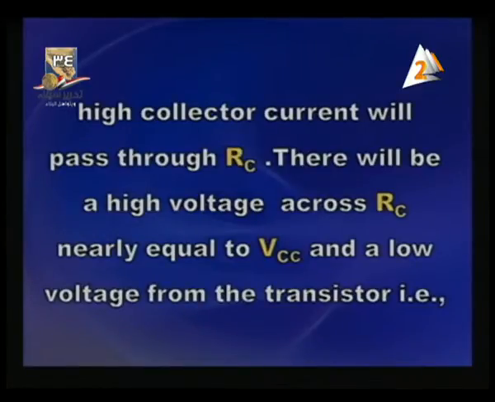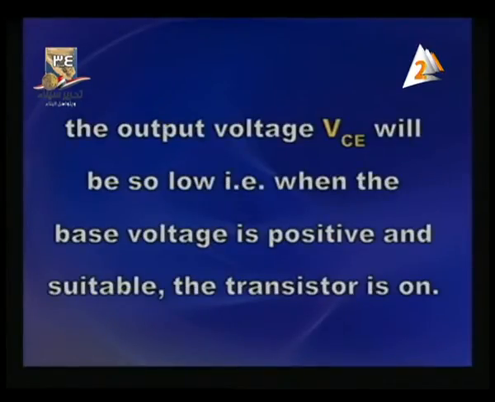So if there is a current flowing in the base, high current will flow in the collector. There will be a high voltage, of course, across RC. The voltage will be nearly equal to VCC and low voltage from the resistor. The output voltage, VCE, will be so low. That is to say, when the base voltage is positive and suitable, the transistor is on.